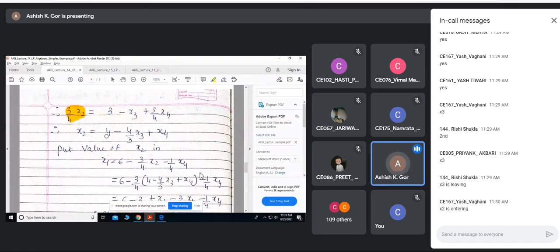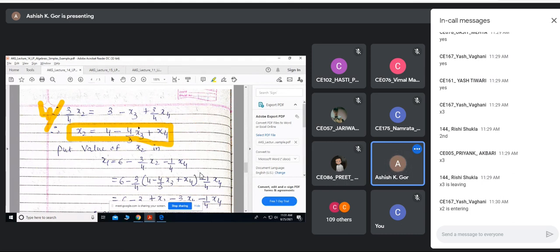And now you want just x2 on the left hand side, so you multiply both sides by 4 by 3. 3 by 4 cancels, so x2 equals 4 by 3 into 3, so it's 4, minus 4 by 3 x3, and 4 by 3 into 3 by 4 x4, so plus x4. So this is the equation which I obtained.